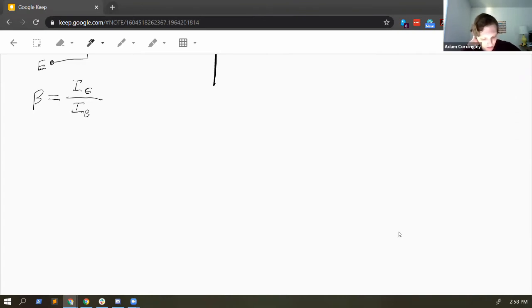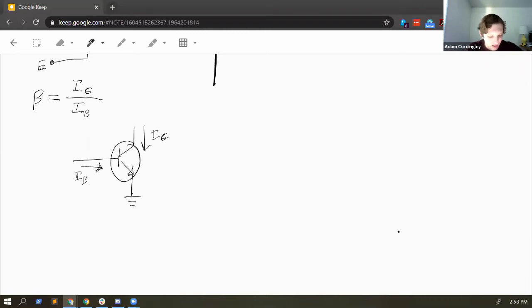So if I've got myself a BJT here, let's just draw this as ground, because often it will be. And if I trickle current into the base of the device, then what kind of current can I expect into the collector? And that's how the BJT works.